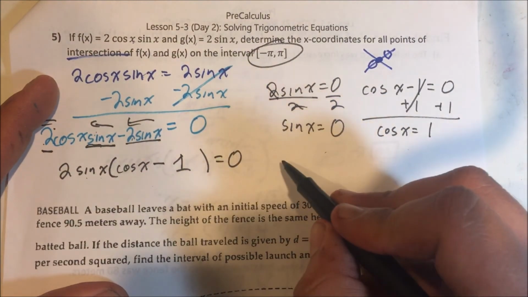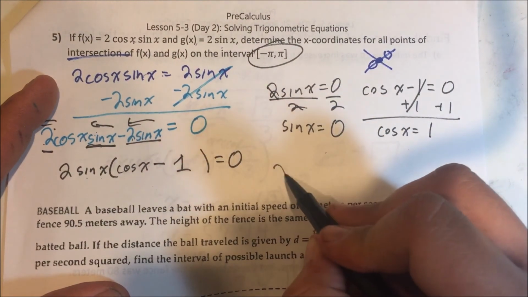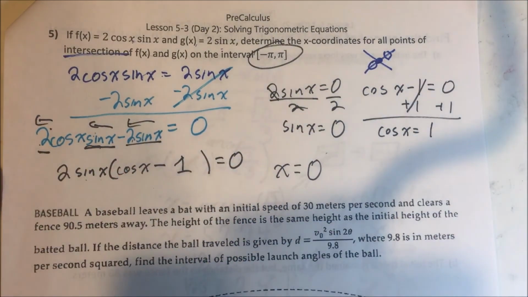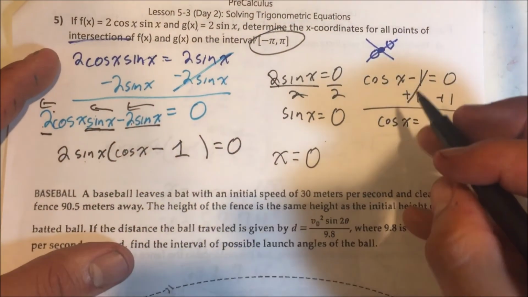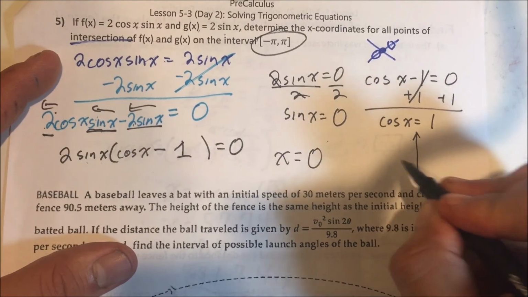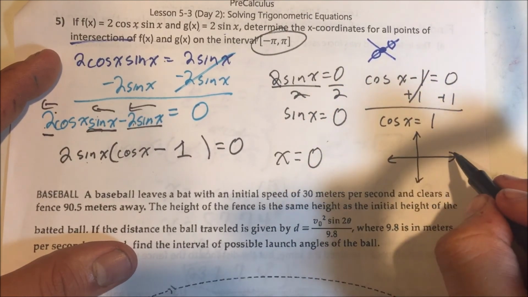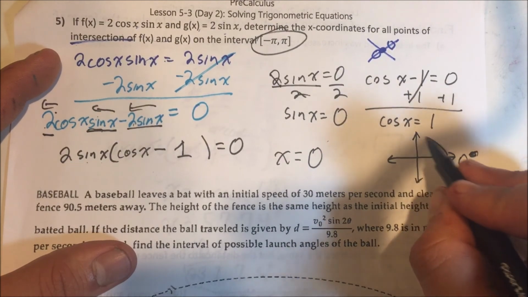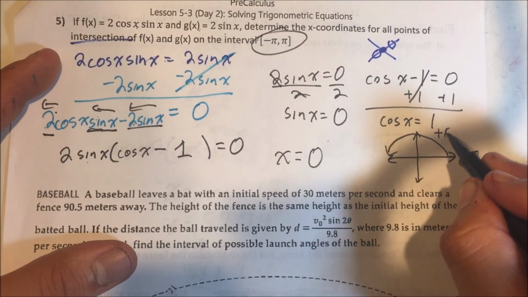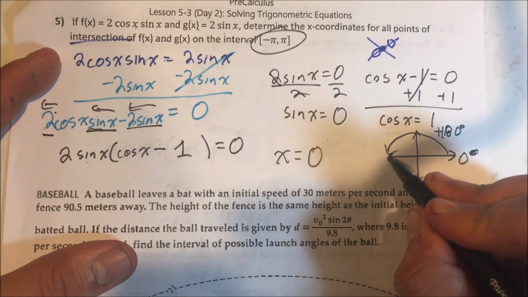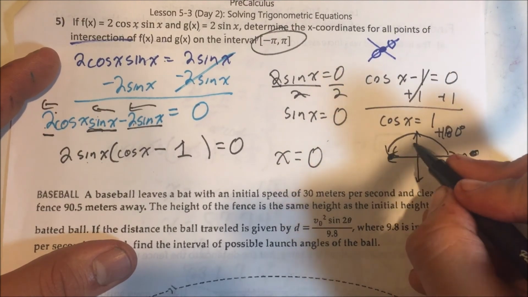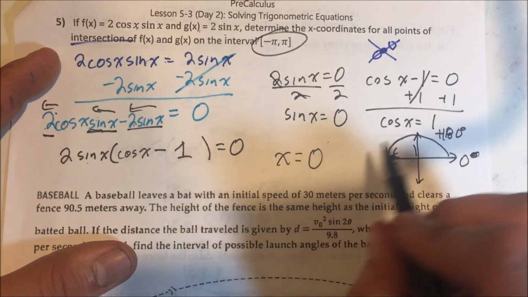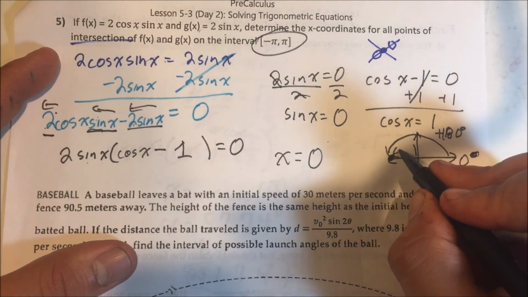The first thing we want to say is that happens at x equal to 0 in that circle. We could also go positive 180 degrees this way and get to this point where it's not the case that the cosine would be 1.